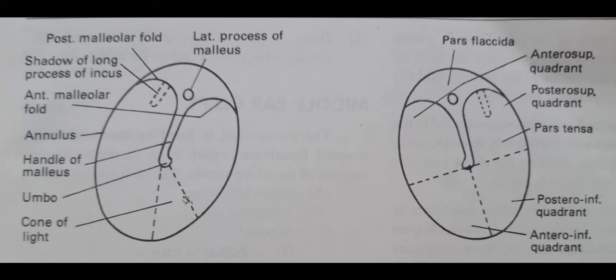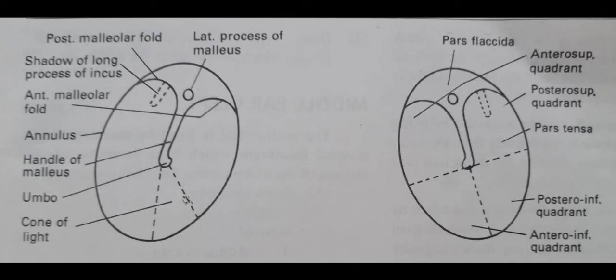The eardrum measures about 10 millimeters in vertical diameter and 8 millimeters in horizontal diameter. It is oval in shape.